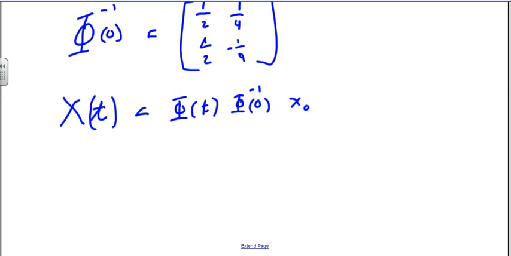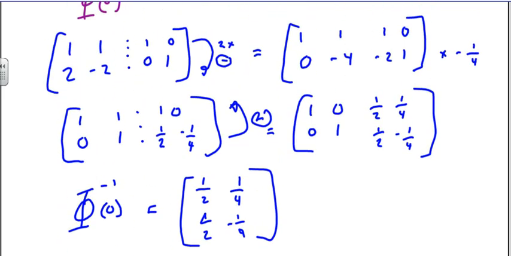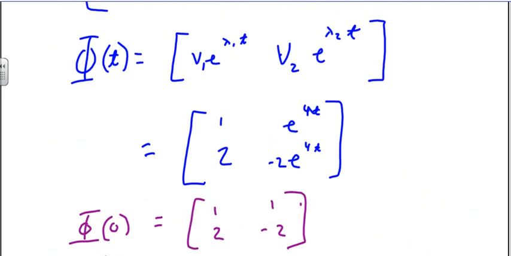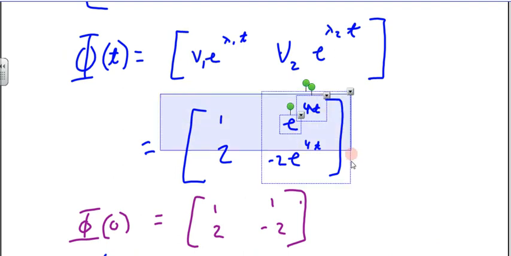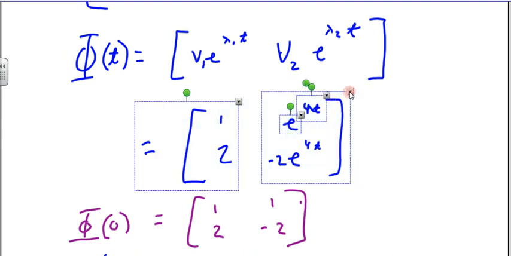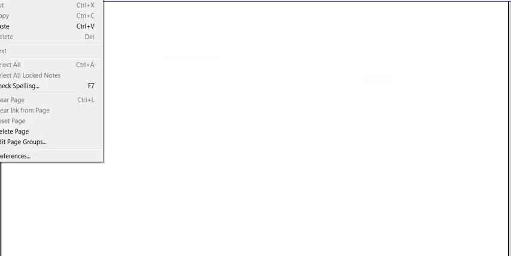And so we'll come back up here and get this. I don't have to write it again. Copy. Go to the next page. Paste.